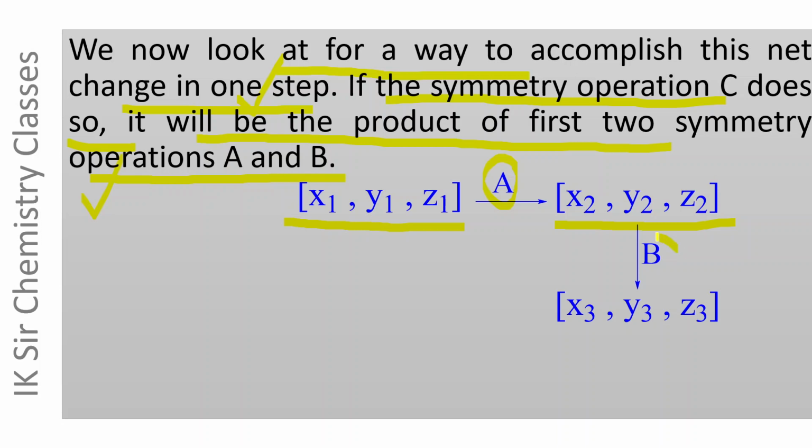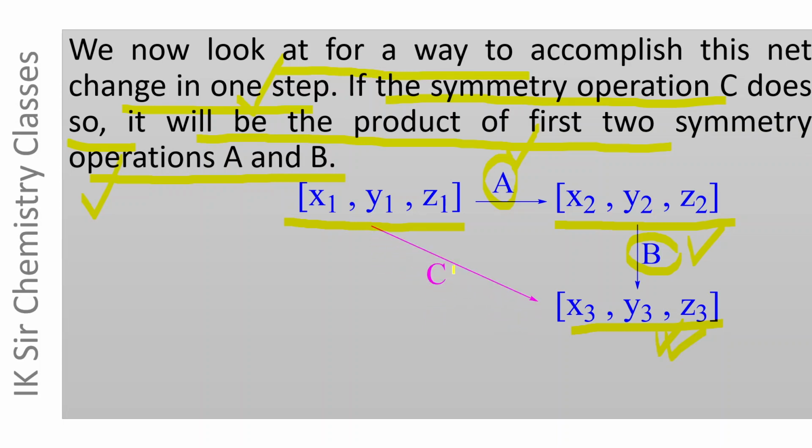Thereafter, another symmetry operation B is applied on the molecule, and finally, the position of the point shifts to x3, y3, z3. First of all, symmetry operation A is applied on the molecule, followed by symmetry operation B, and the net result is the shift of the point within the molecule from x1, y1, z1 to x3, y3, z3.